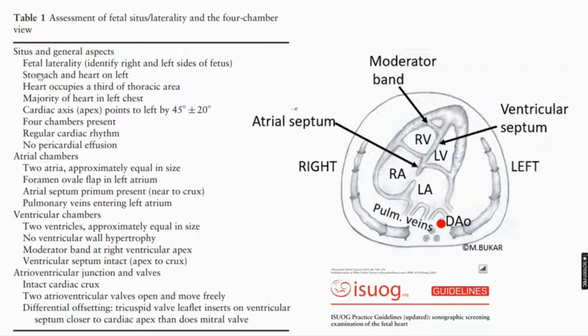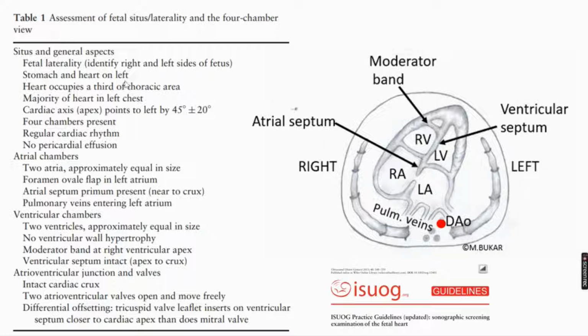And then determine that the stomach and the heart are on the left.